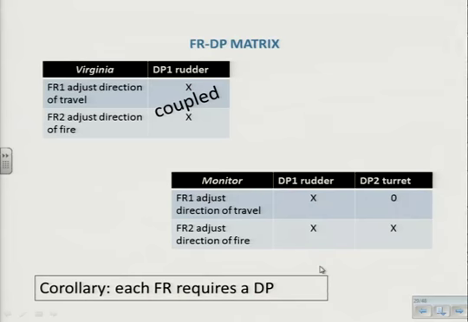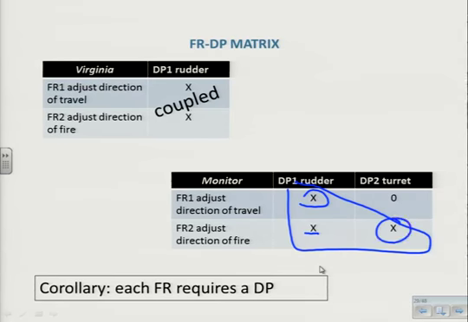And a triangular matrix is where I have X's in the lower or the upper triangle. This is a lower triangular matrix. What this indicates then is that first I'm going to adjust the direction of travel. That's going to do something undesirable to the direction of fire, perhaps. And so then, after I get the direction of travel where I want it, I will swivel the turret so I can adjust the direction of fire.